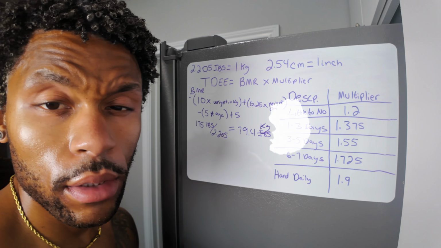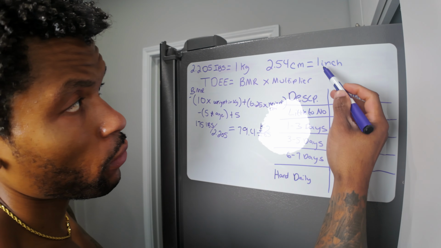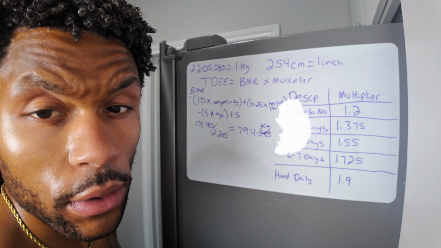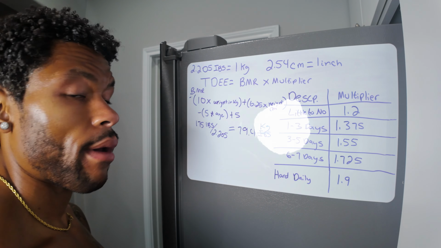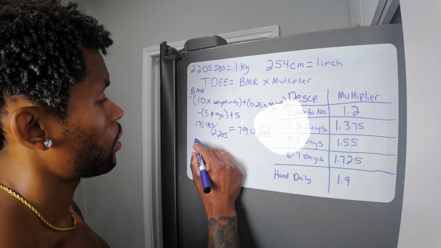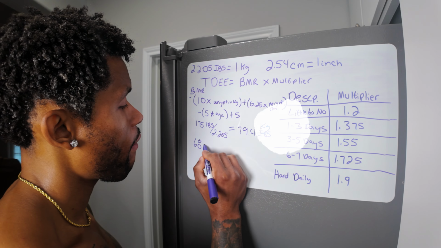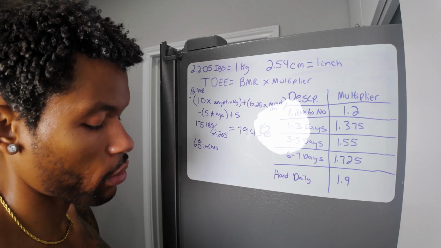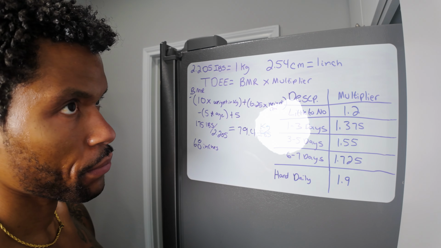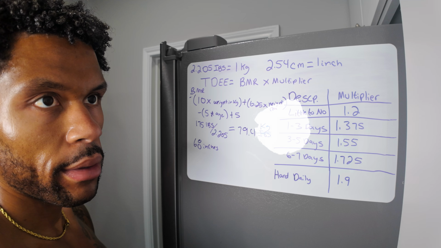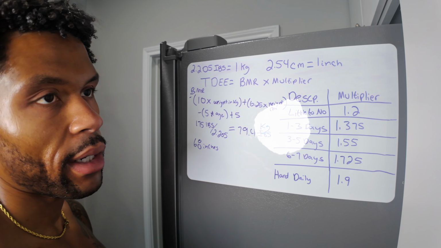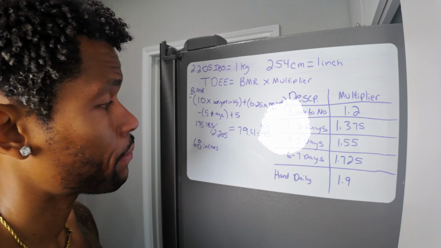All right, so then to do my height, for every 1 inch, you need to account for 2.54 centimeters. So I am 68 inches tall, 5'8". 5 times 12 is 60, plus 8. So I'm 68 inches tall.